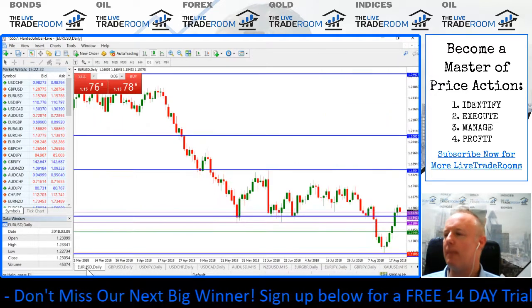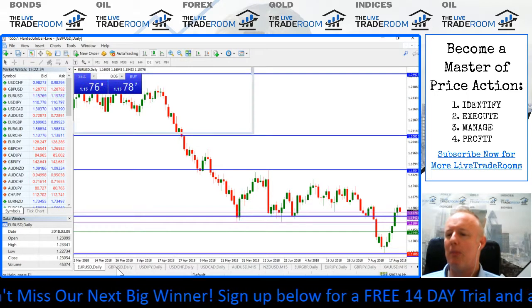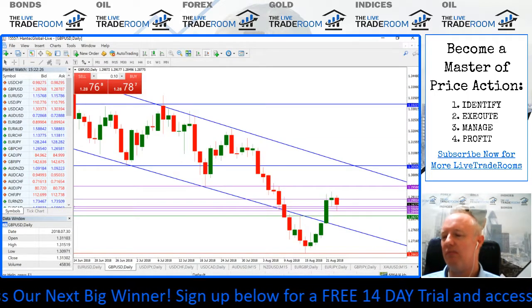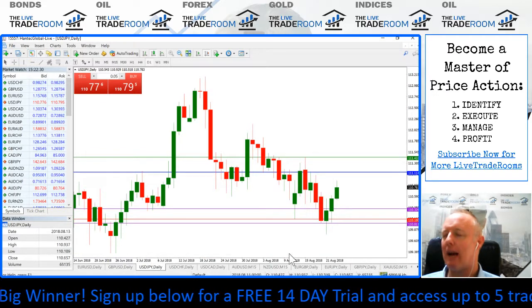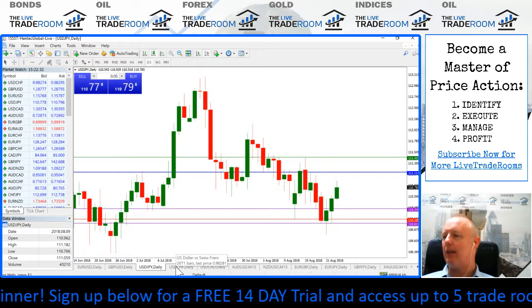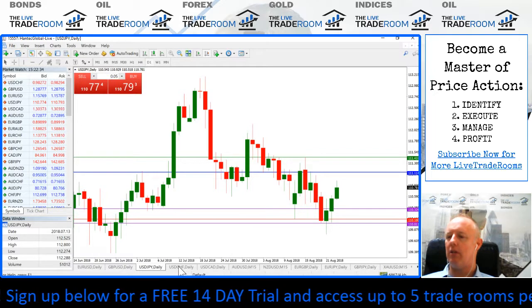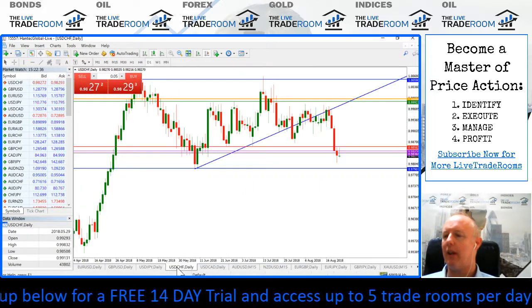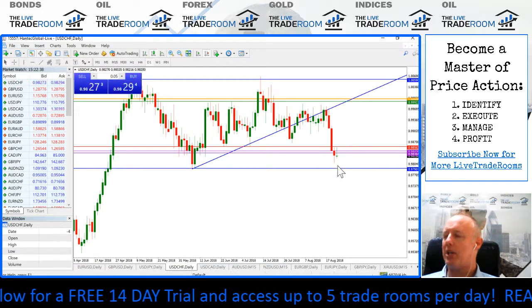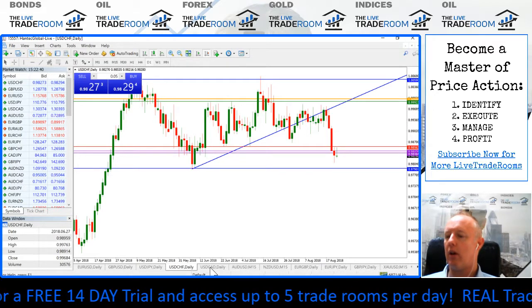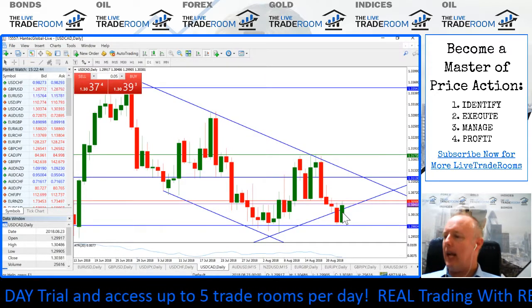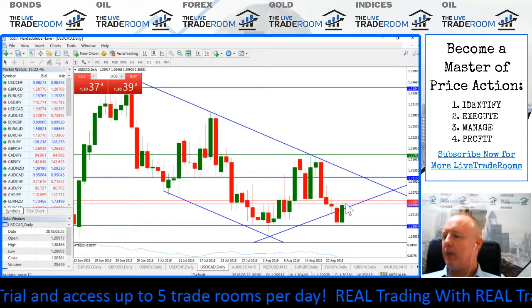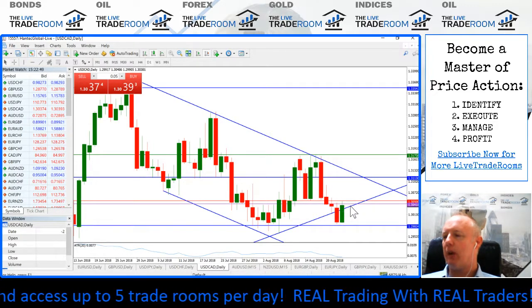So just going through these markets, we're seeing the pullback in the euro and the pound. Not overly comfortable with that. Not much has happened in the dollar yen, coming off the highs, looking like the yen is going to strengthen a little bit. Not much is happening in the dollar Swiss. The dollar has strengthened a little bit in the dollar CAD, but what this might present is some interesting opportunities tomorrow.